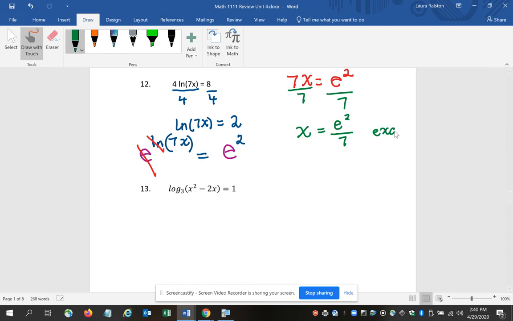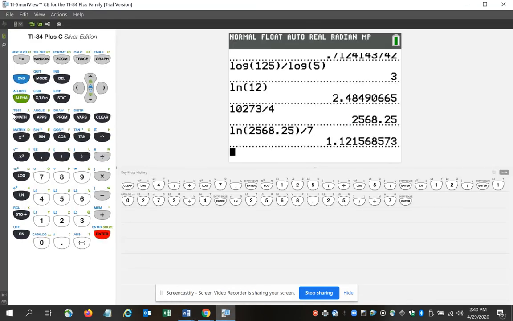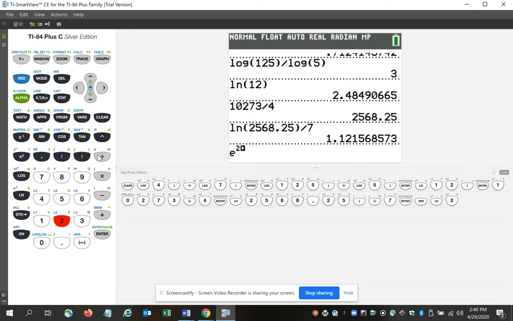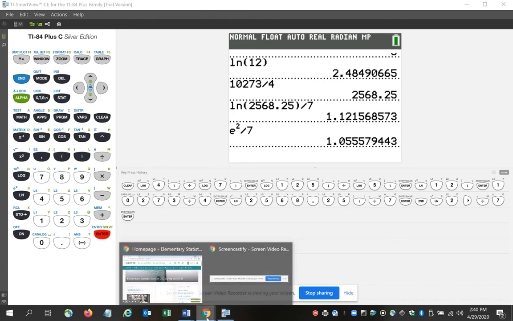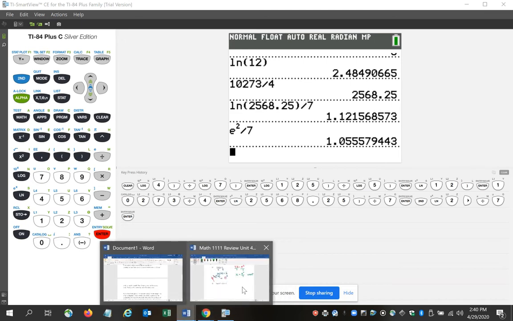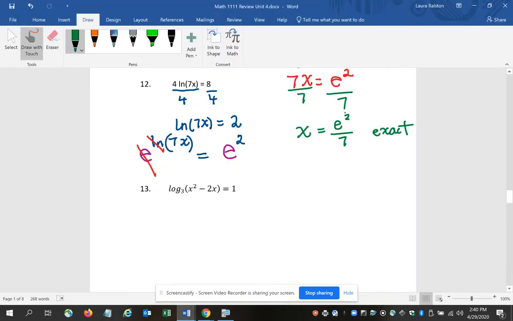And again, that would give me the exact value. I can get a decimal approximation on my calculator. I would do e, which is the second ln, squared, get out of the exponent, divide it by 7. And I get 1.056 if I round it. So this is approximately 1.056. That would be my estimate.